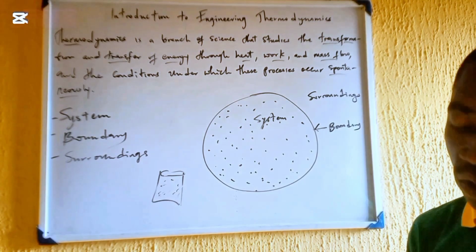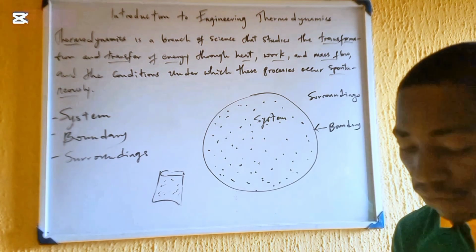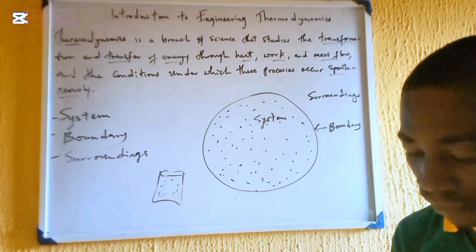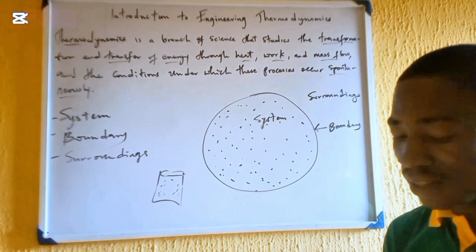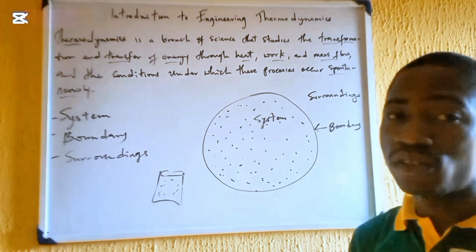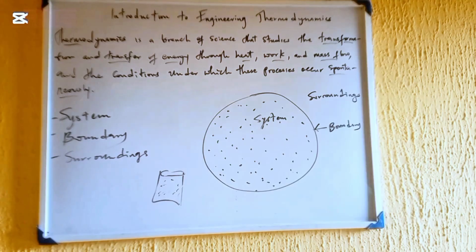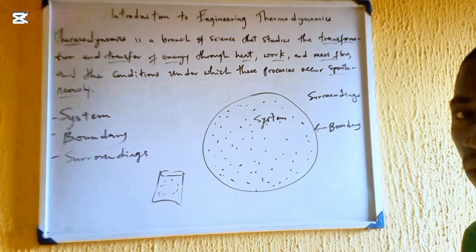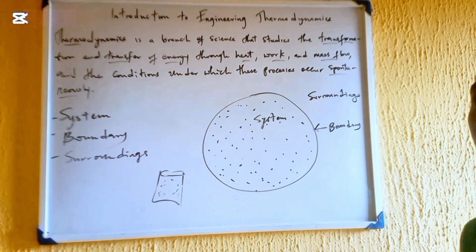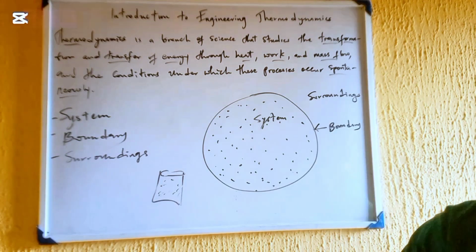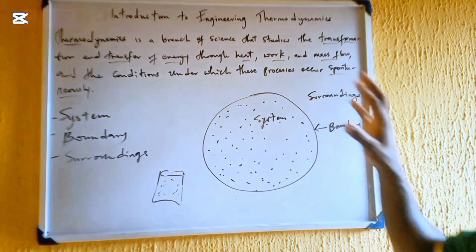Now let's talk about surroundings. Everything outside the system that may or may not interact with it is referred to as what? Surroundings. So the surroundings can interact with the system and the surroundings may not interact with the system. It just depends on the kind of system you have. But one thing is clear, that surroundings has to do with everything outside the system.